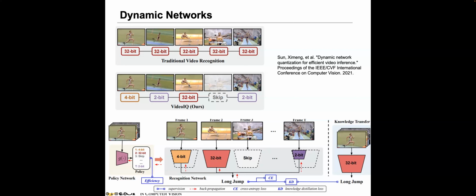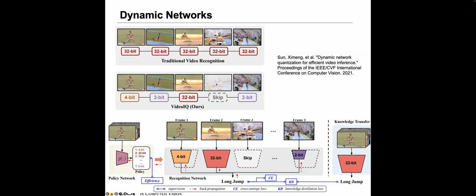So this is the most important frame. For us humans to determine this is a long jump, probably we only need to look at this single frame, then we can make a decision. This is a long jump, not a running or high jump or something else.